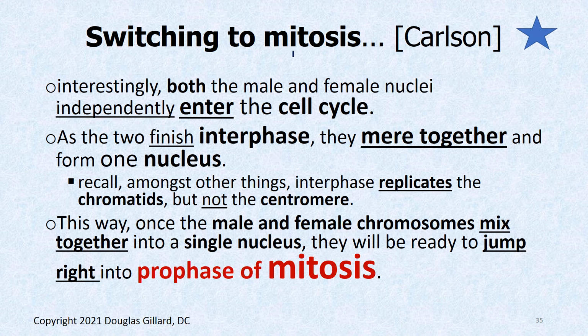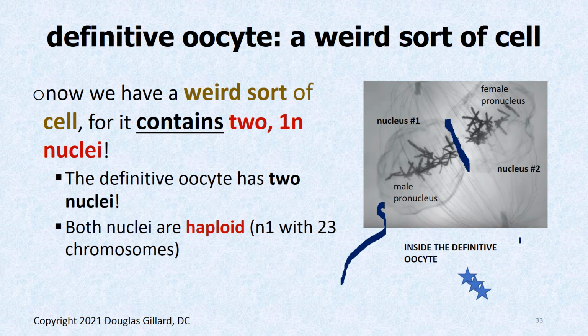Let's see. So switching to mitosis. This is interesting. Let's go back to that picture on slide 32. After meiosis 2 has been accomplished, these nuclei, as they're coming together, start mitosis by going through an interphase. Because remember, in interphase, you can't see the chromosomes. The chromosomes in this picture are thick, and we can see them.